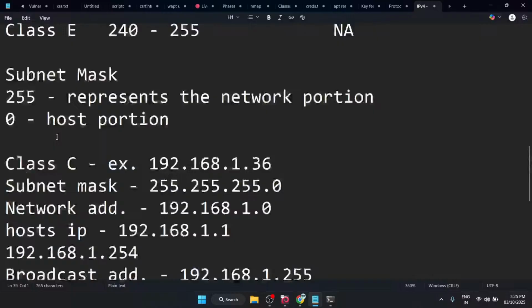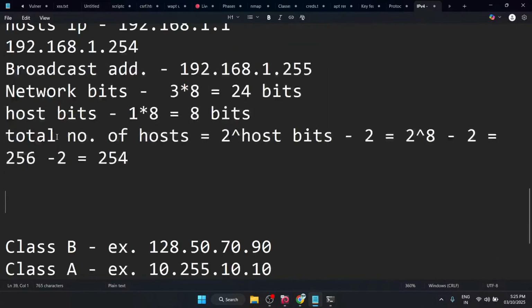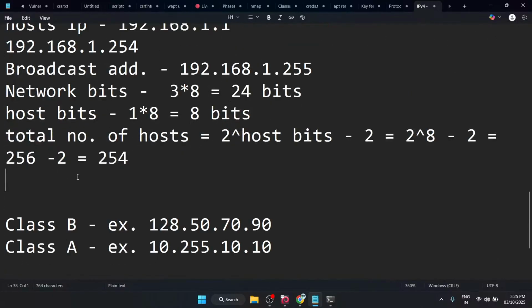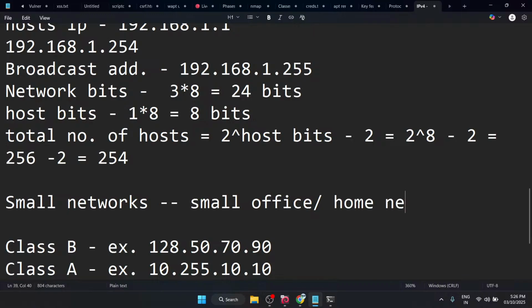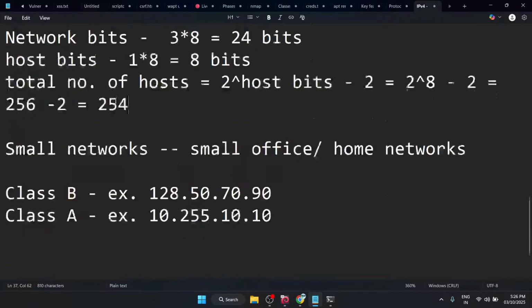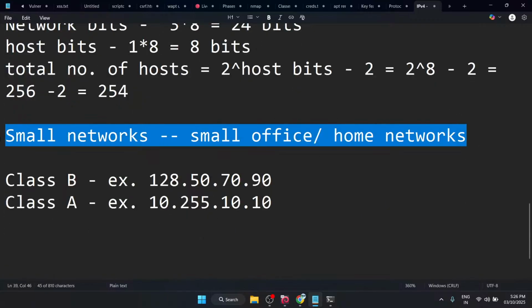Okay, so these IPs are sufficient for small networks, like small office and home networks. So class C IP addresses are sufficient for your small networks.